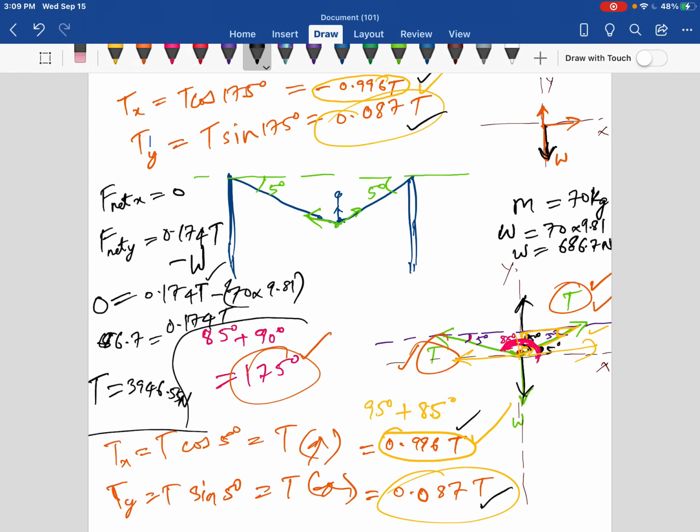Even in your textbook, if you see what answer they have as a final answer, yeah, 3900 newtons is what they have. Now obviously there is some error over here because while doing those calculations, we've taken only three decimal places, so there was always some error.